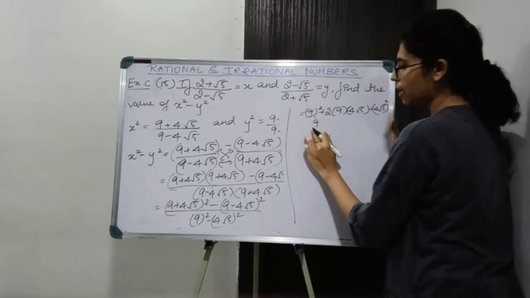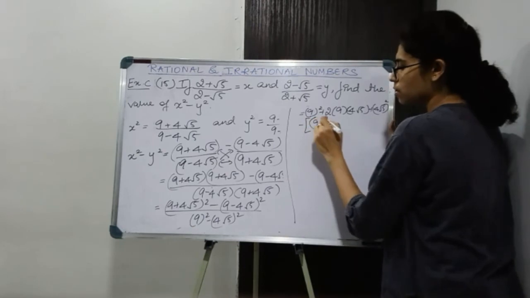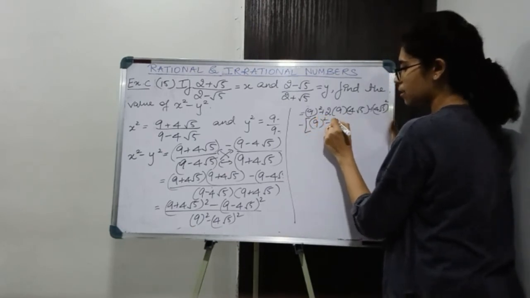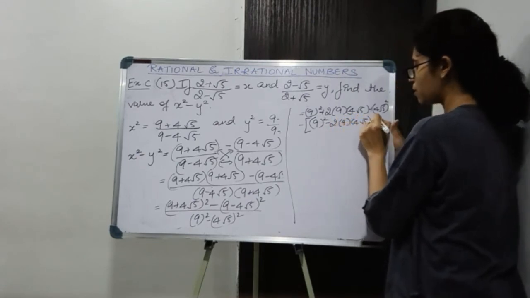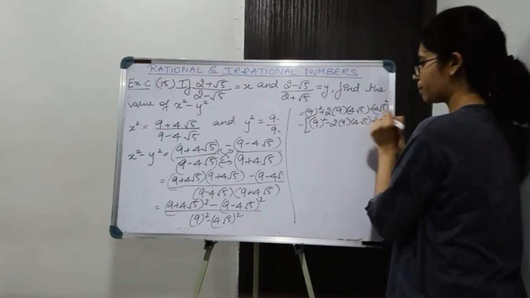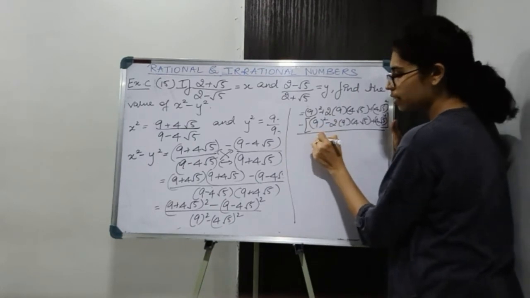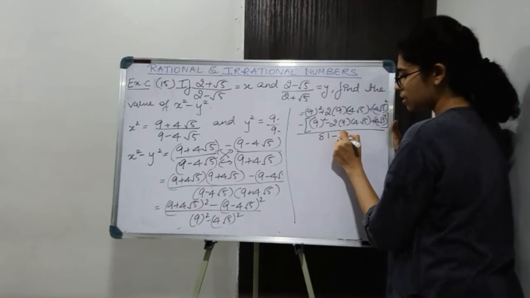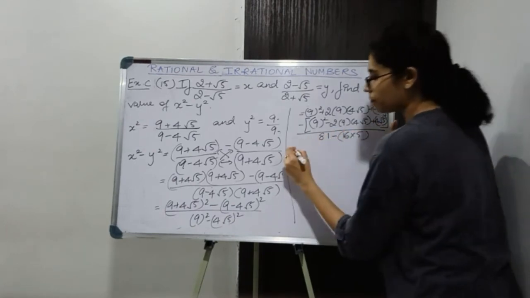We'll put box bracket over here because minus sign hai. 9 square minus 2 into 9 into 4 root 5 plus 4 root 5 square. This whole thing upon 81 minus 4 square is 16 and root 5 square is 5.